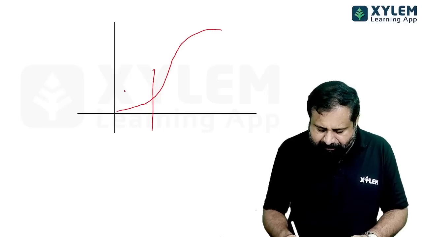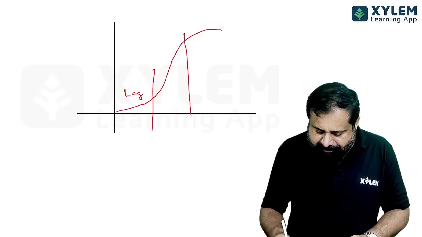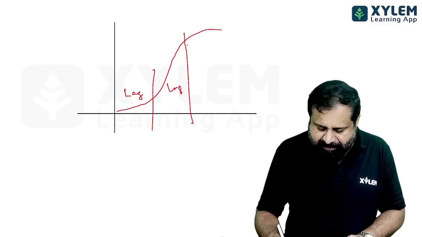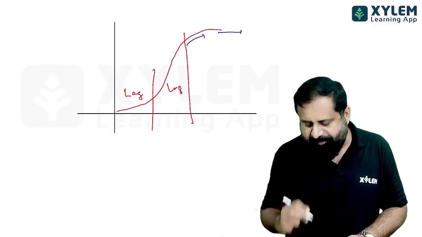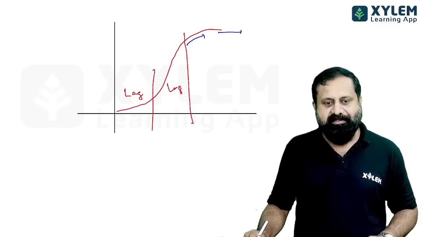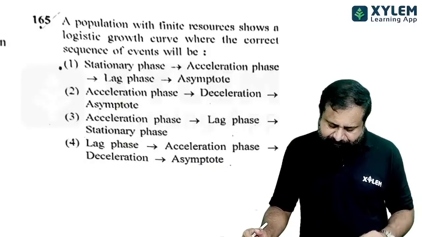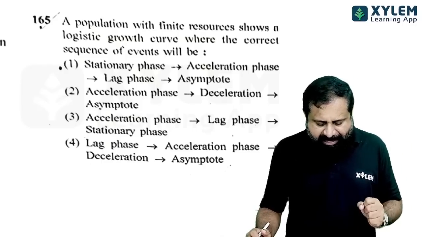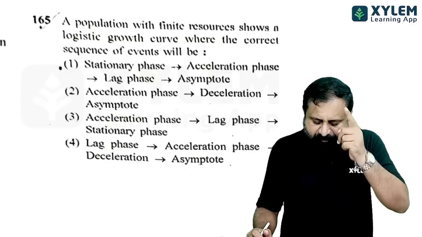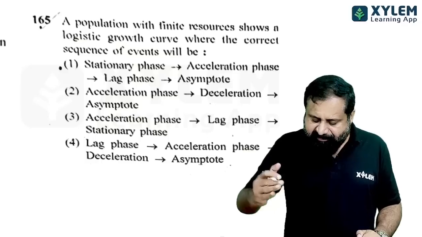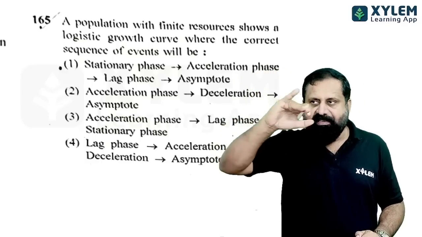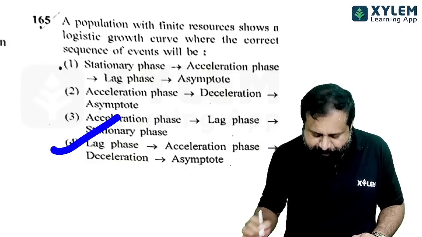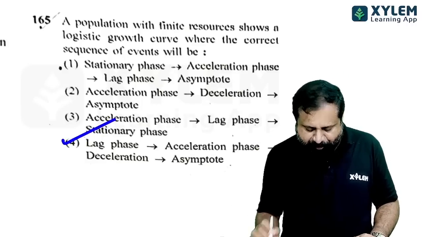Initially, there is a lag, then an acceleration phase or log phase, then a deceleration phase, then asymptote phase. So we can read it. The right answer: read the fourth option. First lag, then acceleration log, then deceleration, then asymptote, stable state. So the right answer is fourth option.